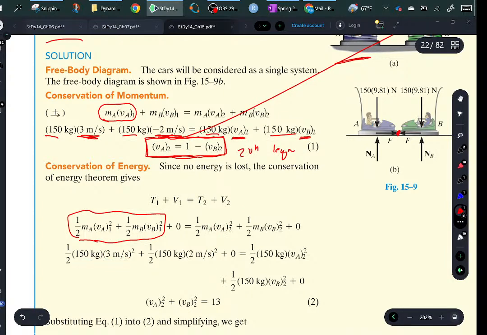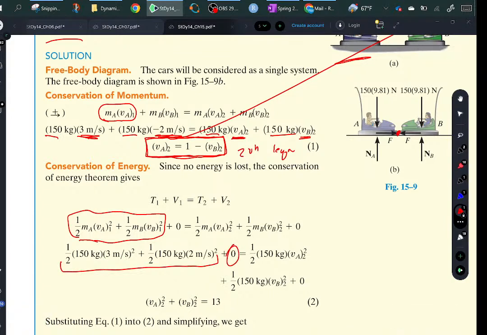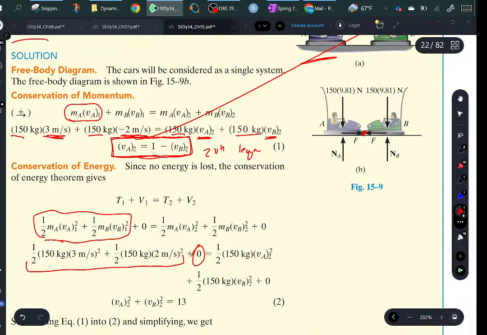Just the kinetic energy. There isn't a spring or potential energy. Now, we went to the second one, so you have to pay real close attention to this. What I mean by this, the right-hand side looks like this.